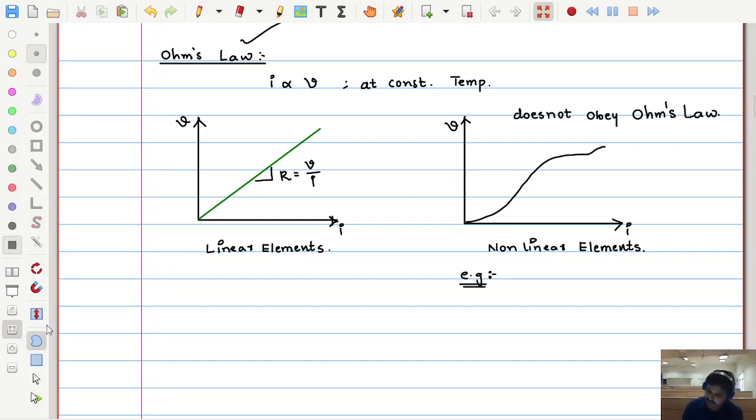What obeys Ohm's law is a linear element, what does not is non-linear. Now what might be the reason for not obeying Ohm's law? One might be the temperature. If the temperature is not constant, if it is varying, then it does not obey Ohm's law.